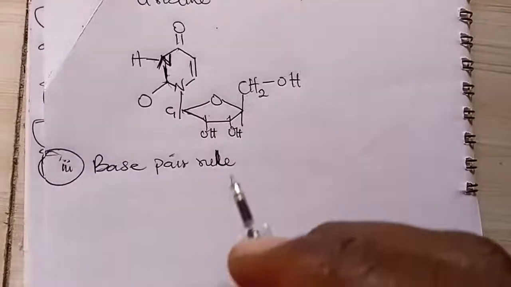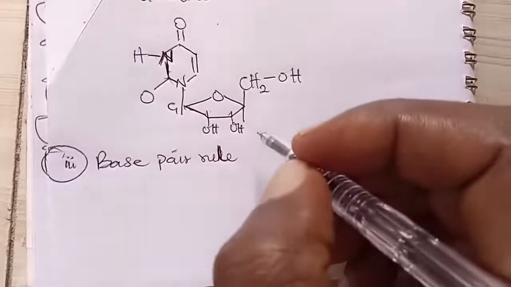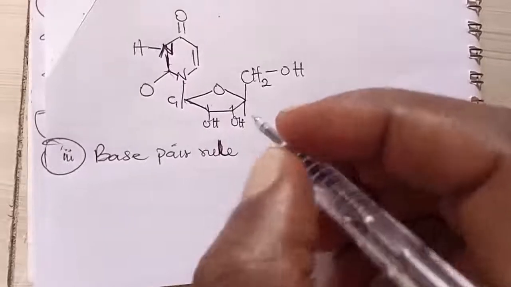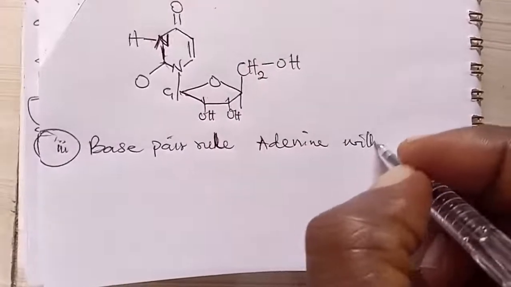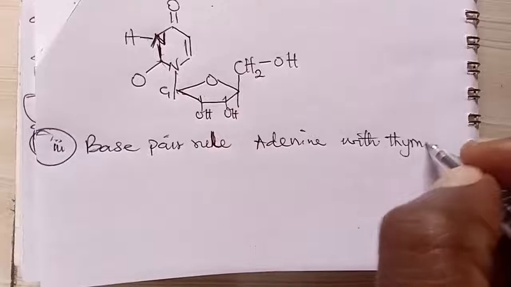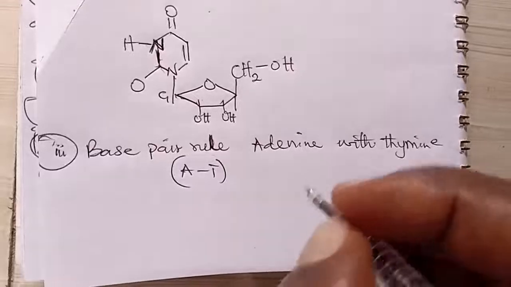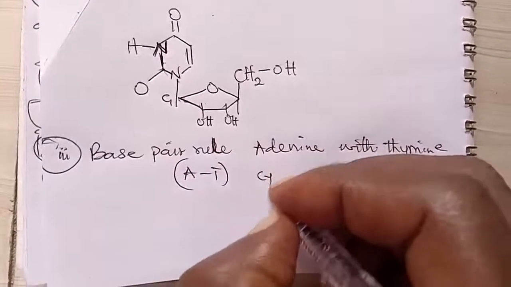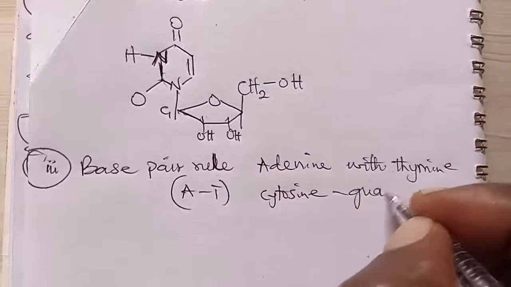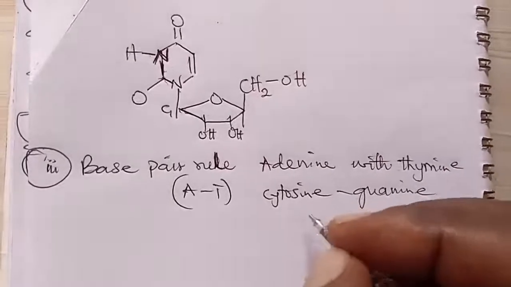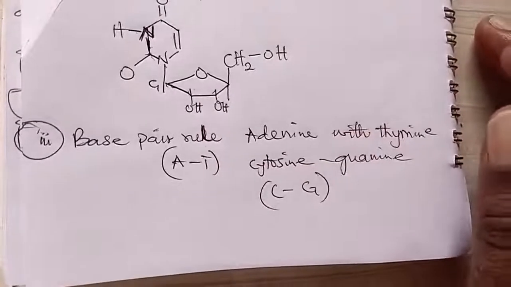The next one is the base pair rule. Now, this law or rule states that DNA base pairs are always adenine with thymine, that is A to T, and cytosine with guanine, that is C to G. A purine always pairs with a pyrimidine and vice versa.